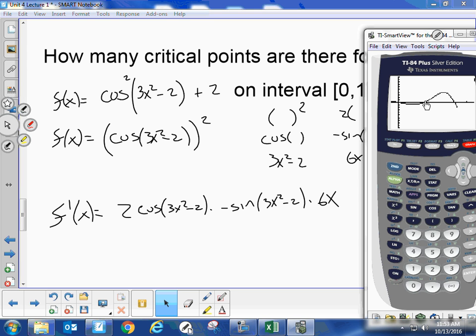And then I have one right there. I have one right there. I'll probably double check to see that I have one at 0. So second calc intersection, pop over here to 0.